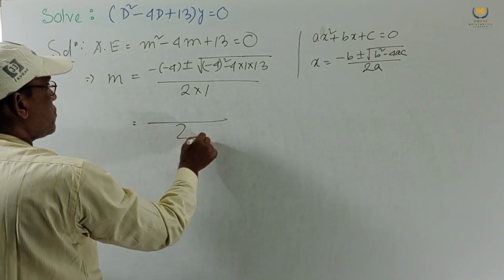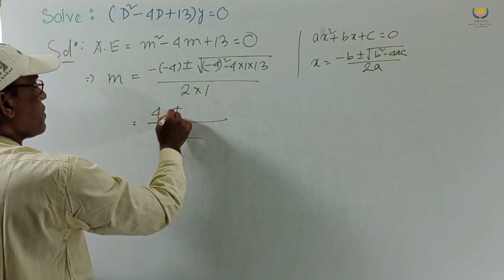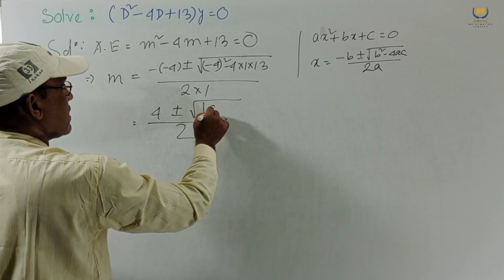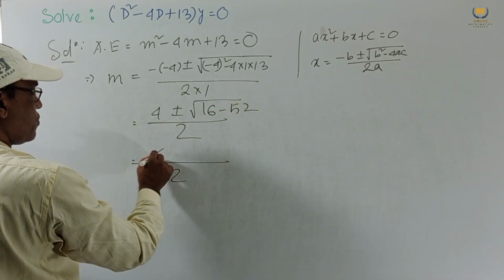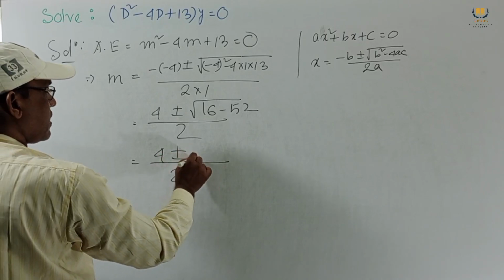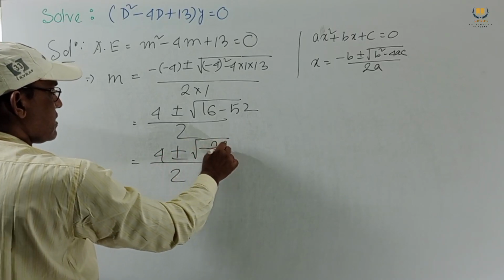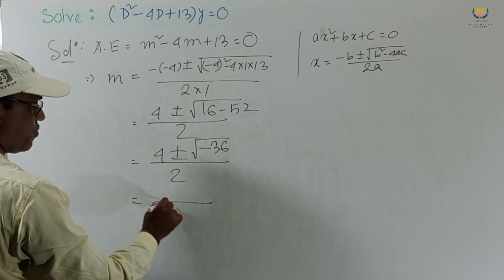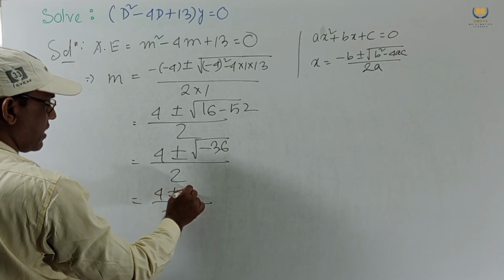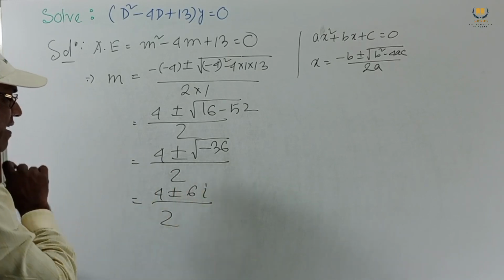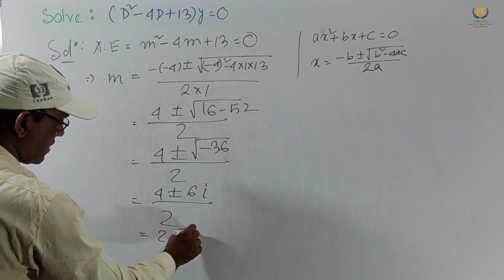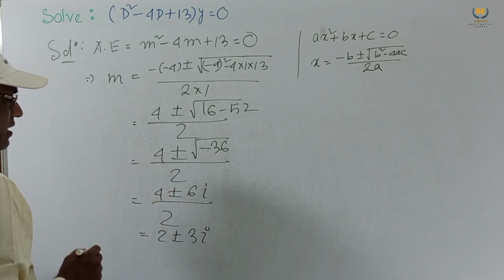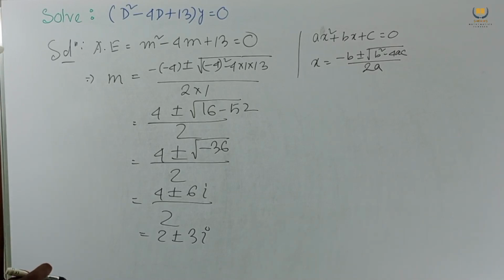This is 2, this is 4 plus minus root of 16 minus 52, this is 2, 4 plus minus root of 36, this is 2, 4 plus minus 6i. If we take 2 common and cancel, then we get 2 plus minus 3i.